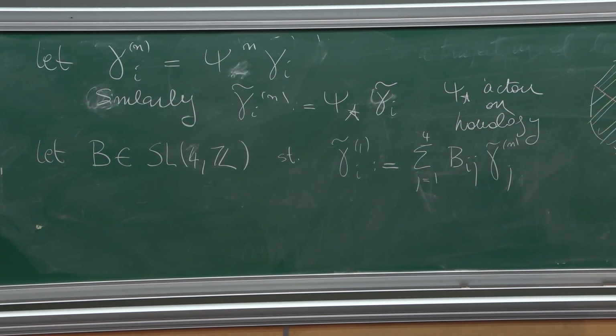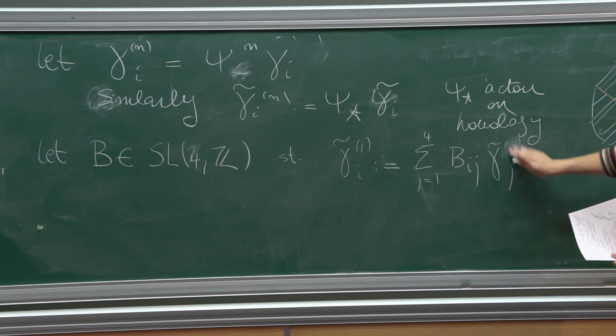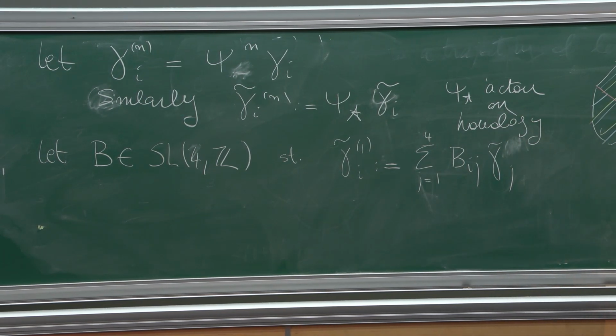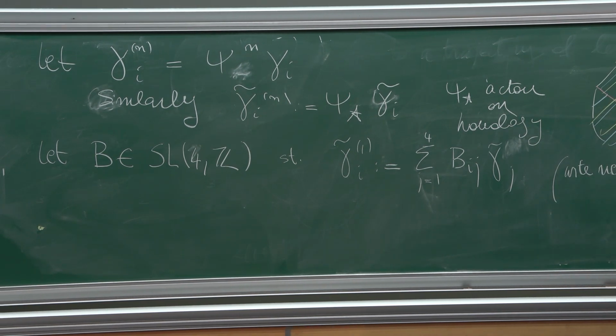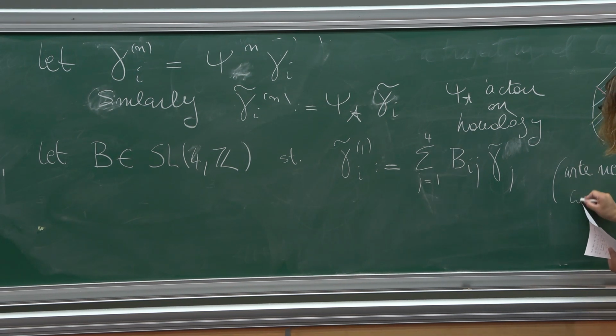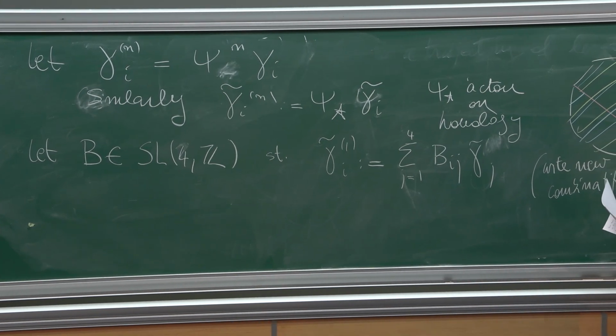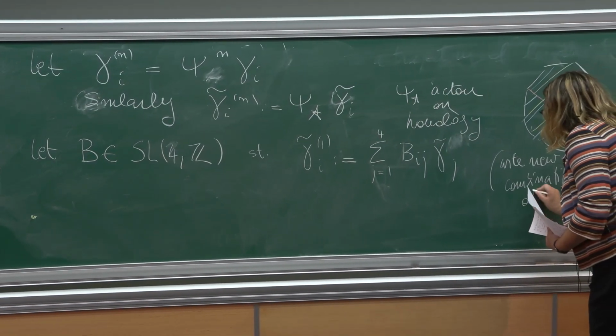So this somehow writes the new loops as a combination with positive integer coefficients of the old loops.